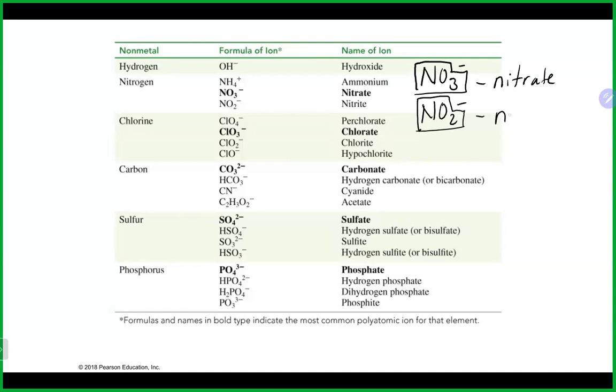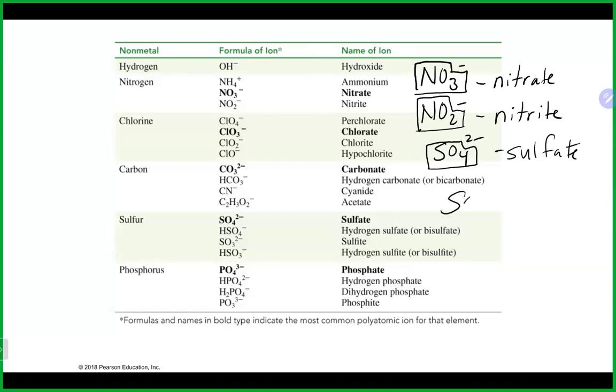This guy is known as the nitrite ion. Now, if we look at something like SO4 2 minus, once again, the 1 sulfur and 4 oxygens stay together as a group. The entire thing has a -2 charge. This is what is known as sulfate, ATE.